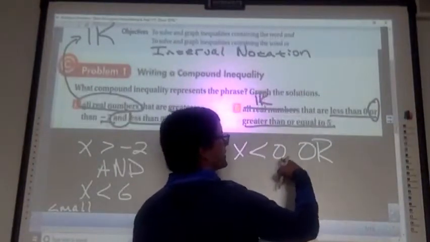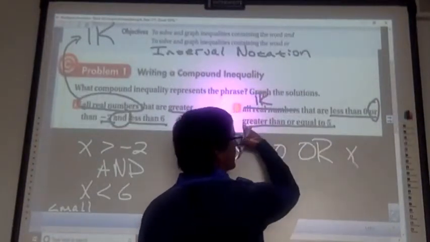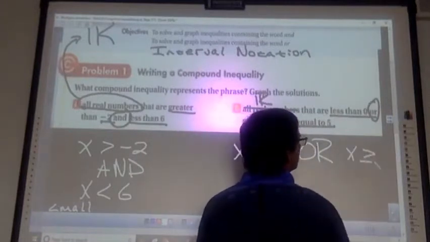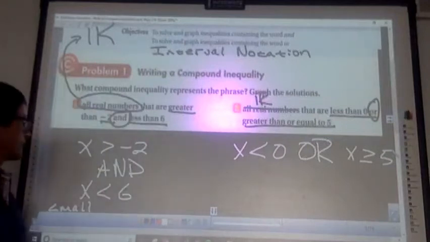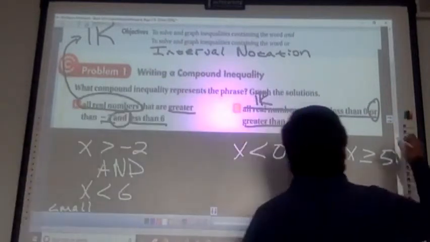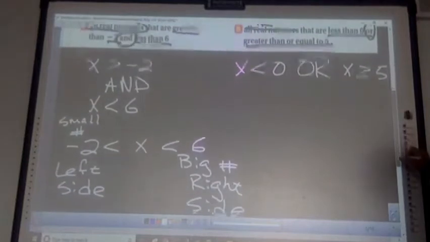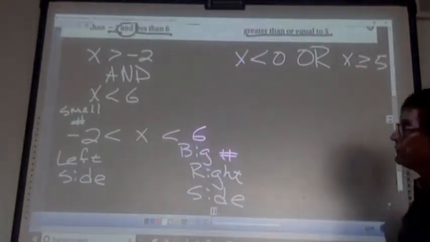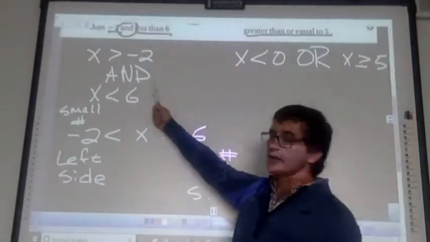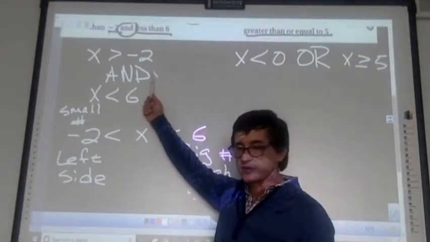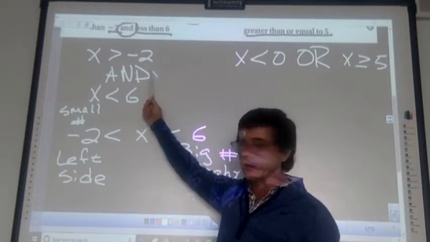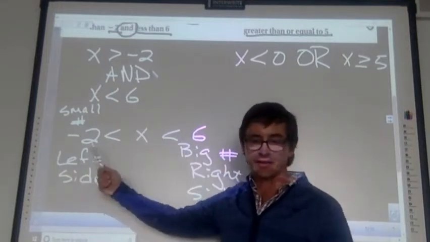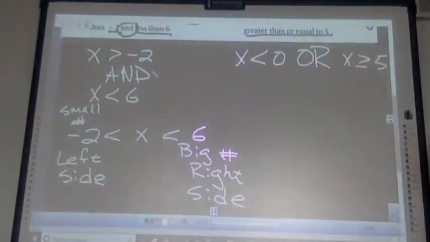So x is less than 0 or x is greater than or equal to 5, like that. So and, write together; or, write separate. Even if you were to write this on a test or a quiz or something, I would still take points off, even though you technically have it correct. You didn't write it together. That's why I would take the points off. So that's the first one.